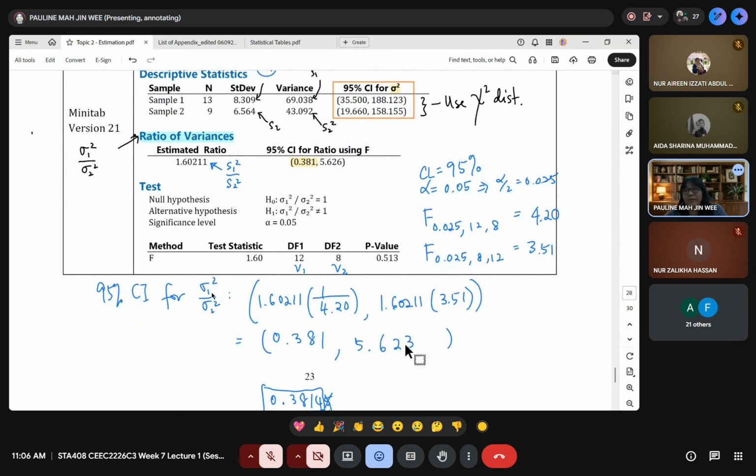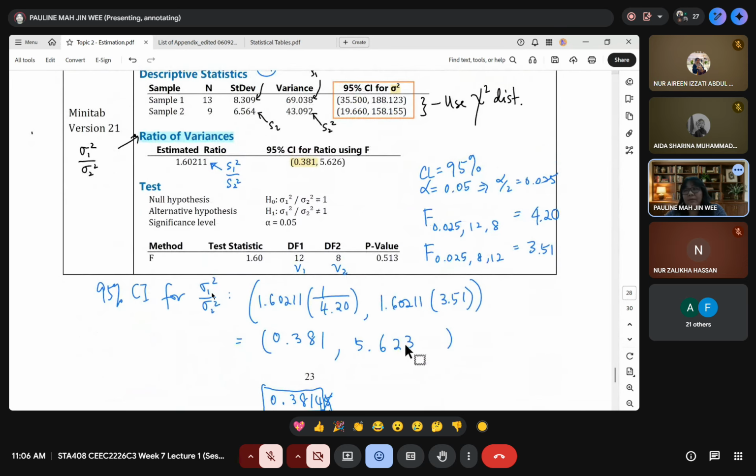Like I mentioned just now, if sigma 1 squared equals sigma 2 squared, you're going to get sigma 1 squared over sigma 2 squared equals 1, where this ratio is actually here. You have the same ratio over there. And if the value of 1 is in the interval, it means you can say that they are equal.